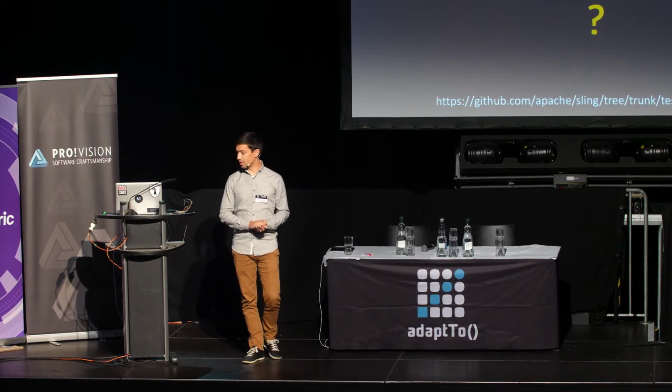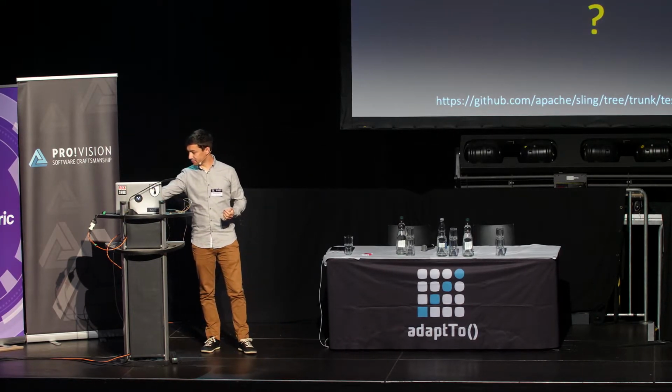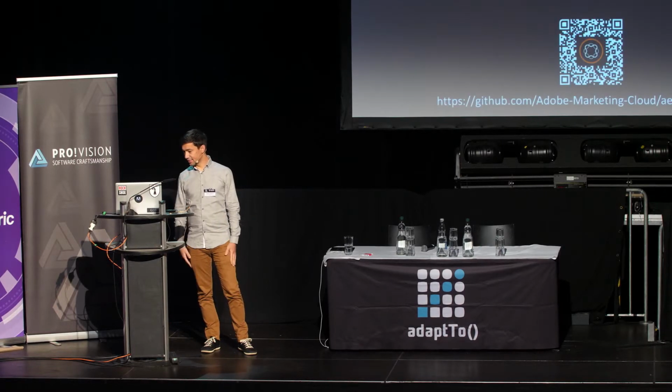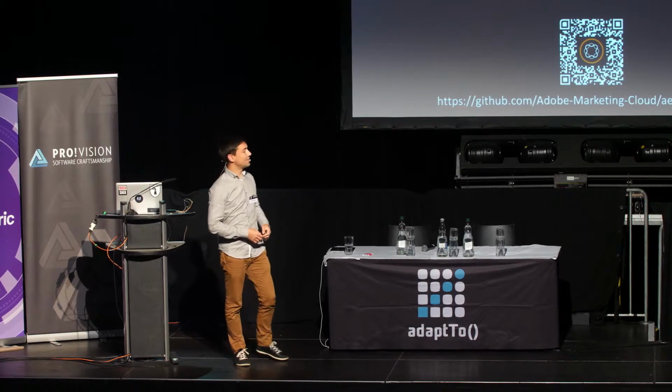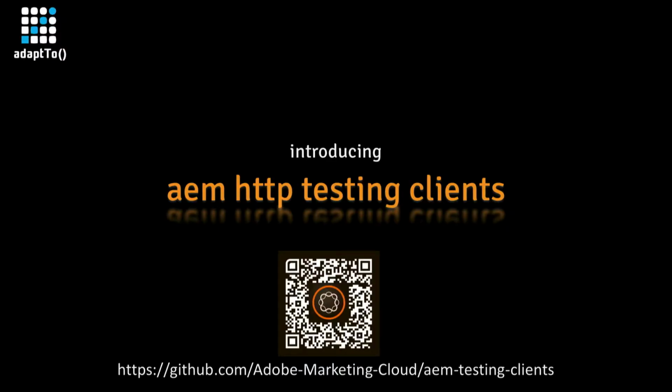So we listened to your feedback, and I would like now to introduce the AEM HTTP testing clients, which are built on top of the Sling testing clients, but add more functionality for testing high-level things in AEM. Things like, you could think, replication, WCM activities, and so on.